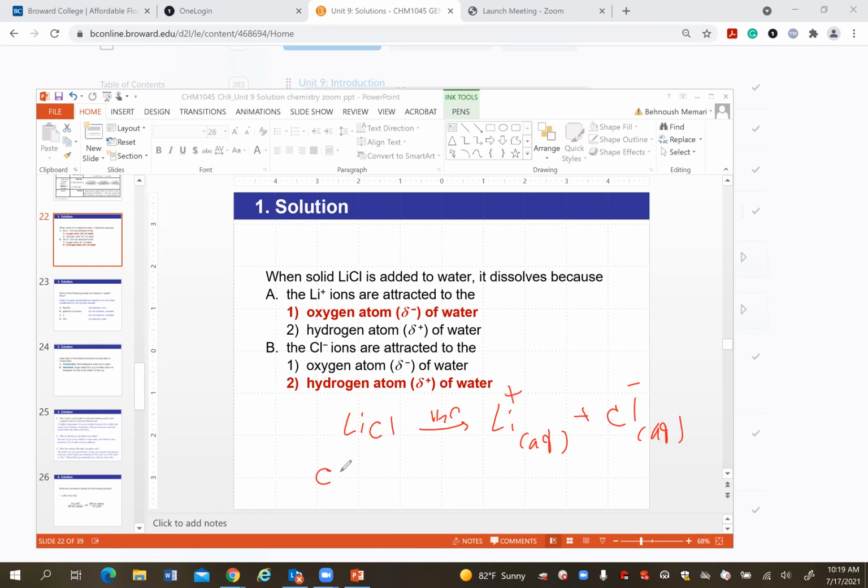If calcium chloride dissolves in water, it is going to give you 1 calcium ion, aq, and 2 chloride ion, aq. So just pay attention also to this. If you have 1 mole of calcium chloride, it can give you 2 moles of chloride ion. Be careful with that one.